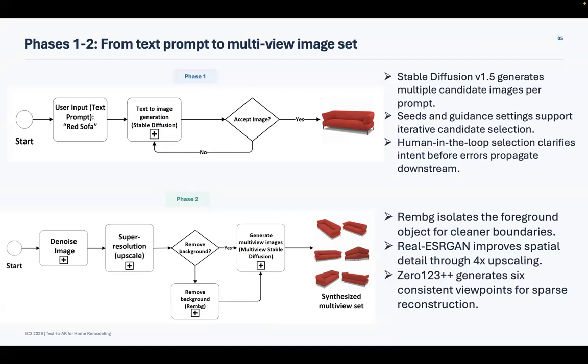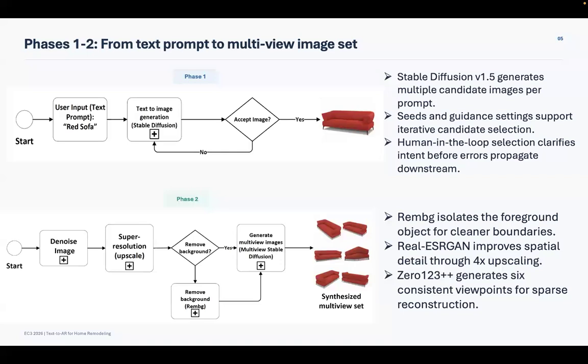Now in phase two, the selected image is prepared for multi-view generation. REMBG is used to remove the background and create cleaner object boundaries. And Real-ESRGAN provides 4 times upscaling to improve spatial details. Zero123++ generates 6 consistent viewpoints for sparse reconstruction.